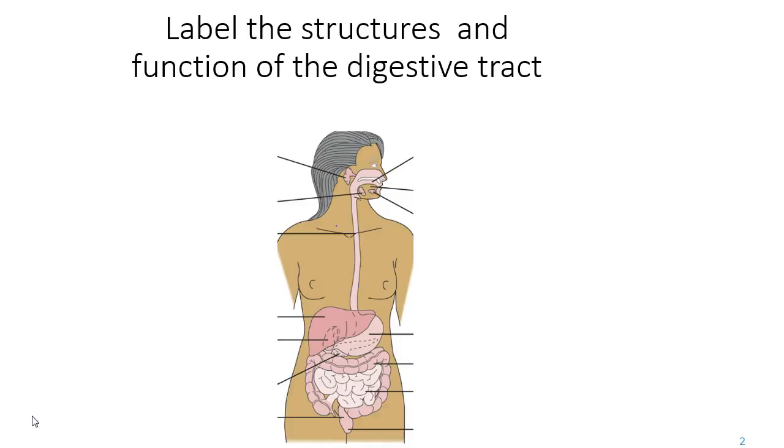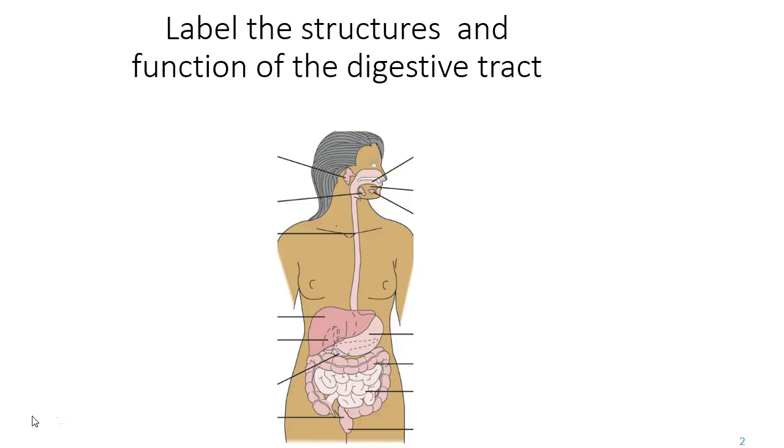We have the pancreas that secretes digestive enzymes into the duodenum, like I say, the first segment of the small intestines. These enzymes from the pancreas break down proteins, fats, and carbohydrates.